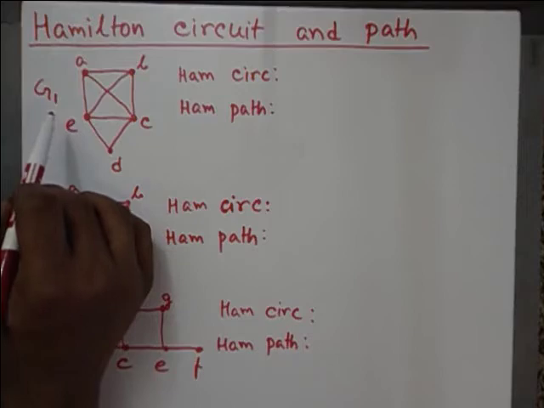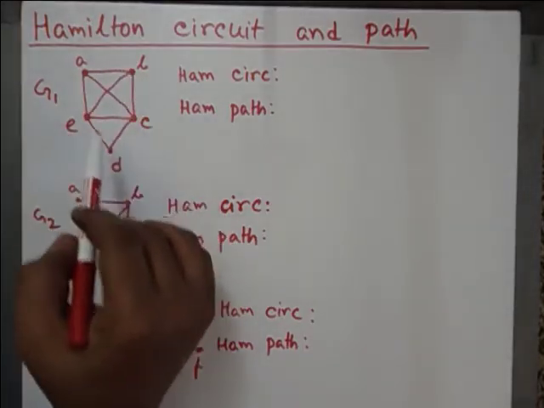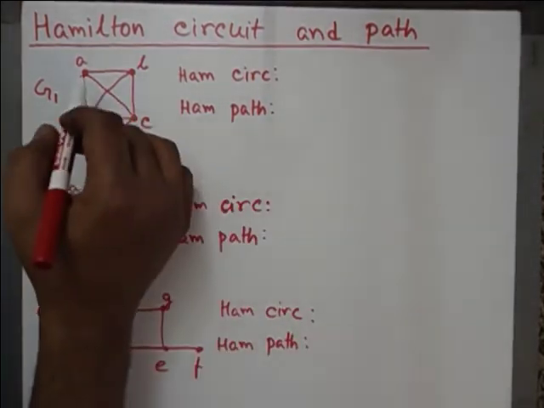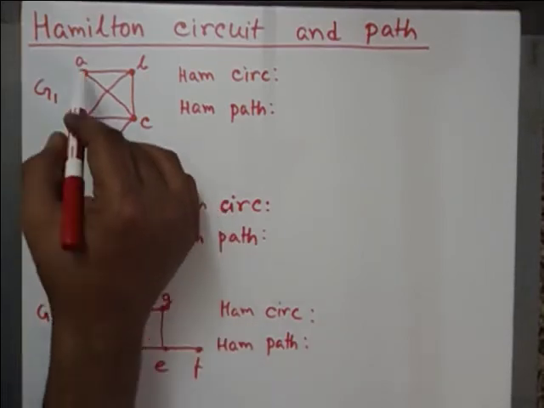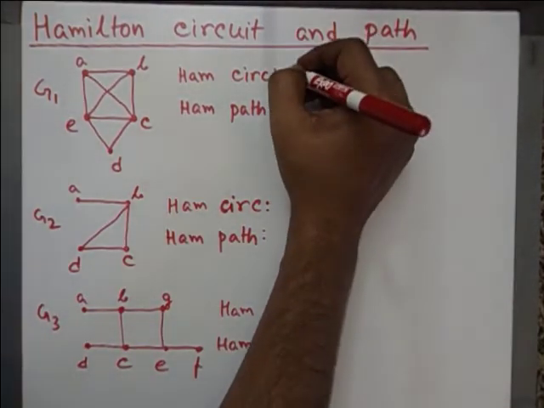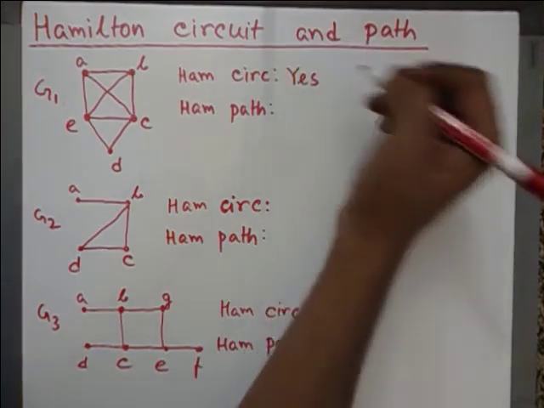Let's start with G1. So G1 has 5 vertices, A, B, C, D, E, and this many edges. Does it have a Hamilton circuit? Can you go through all the vertices exactly once? We don't care about all the edges or not. The answer is yes.